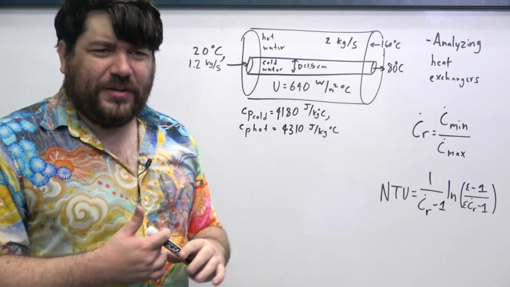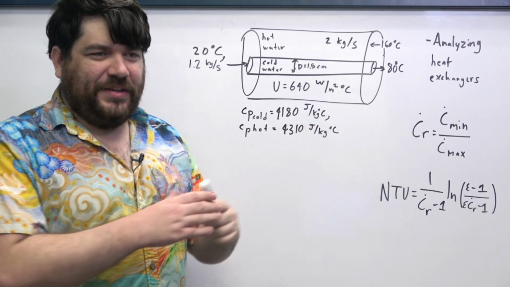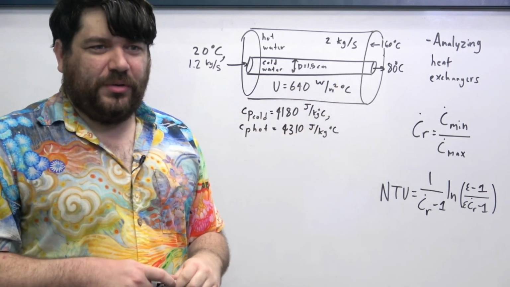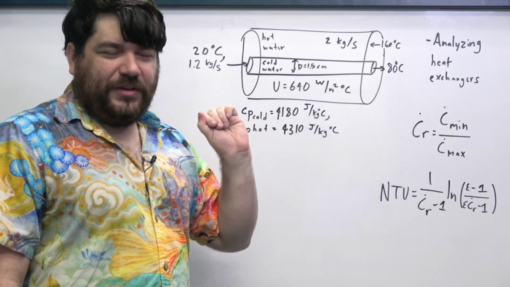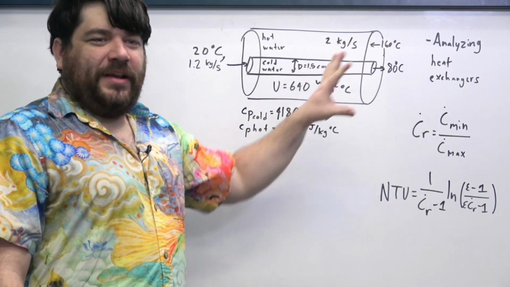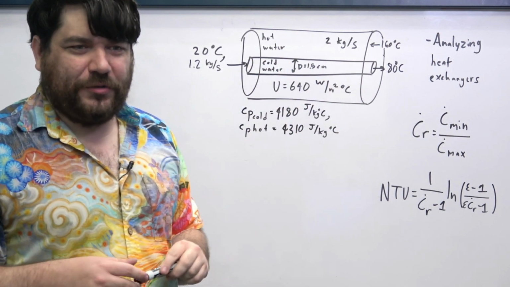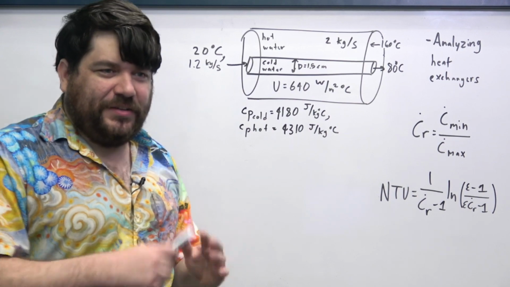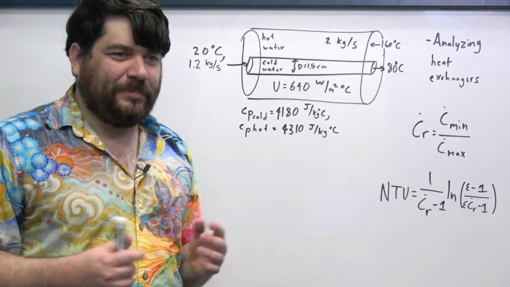Hypothetically speaking, you can imagine that this is the setup for a heat exchanger that we would like to heat up water from 20 degrees Celsius to 80 degrees Celsius, and that it satisfies all of these properties or parameters, and then we're just trying to design the length such that this works the way that we want it to.